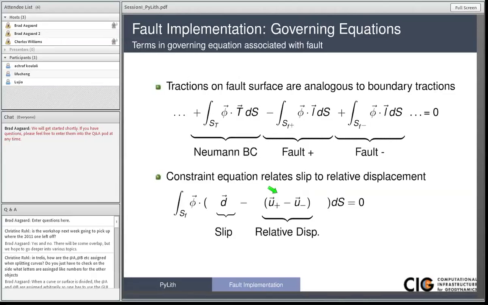In the case of our faults, we actually use numerical quadrature with the quadrature points at the vertices of our fault elements, and so we end up actually enforcing this constraint condition to be exactly true at the vertices of the fault surface.